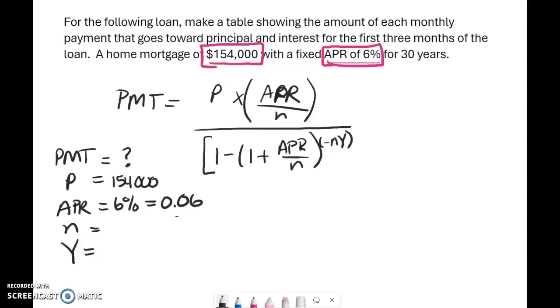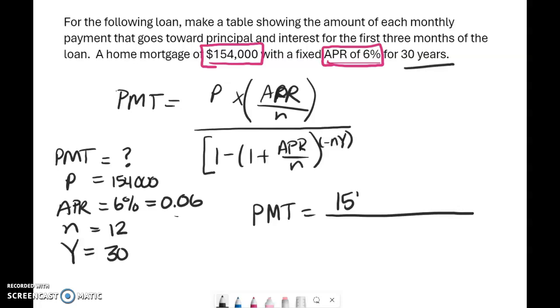And then the N is the number of payments per year. We're talking about monthly payments, so there are 12 months in a year. And the Y is the loan term, and it is 30 years. So now I'm going to put those items into the formula that I have up above. So filling this in, it's going to look like this.